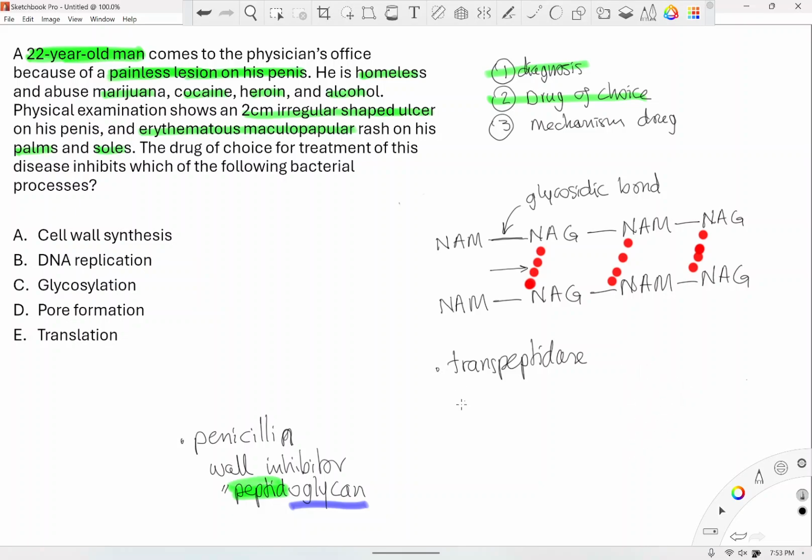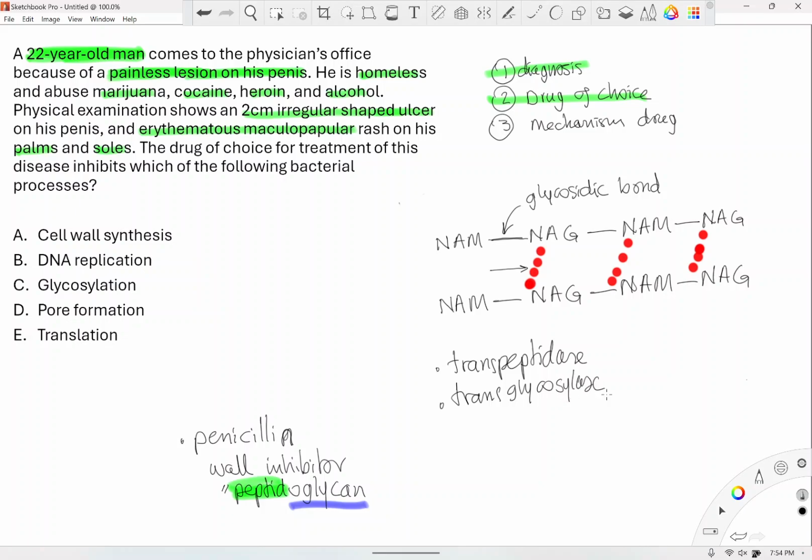Another enzyme combines the NAG and NAM through the glycosidic bond. That is known as transglycosylase, or something similar like transglycosidase.